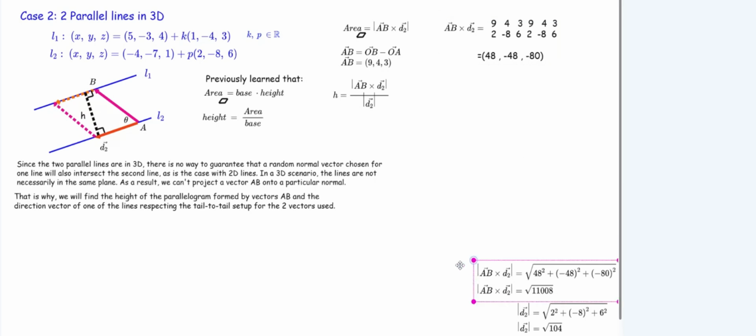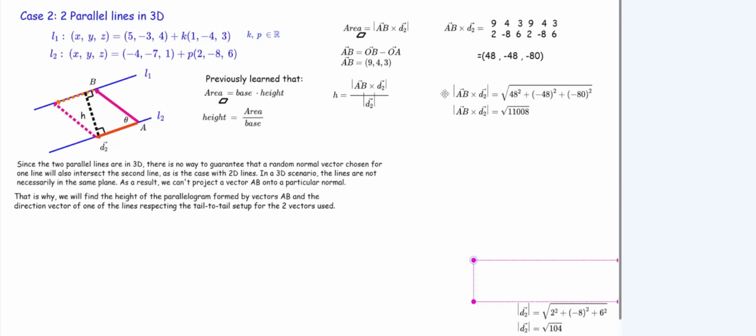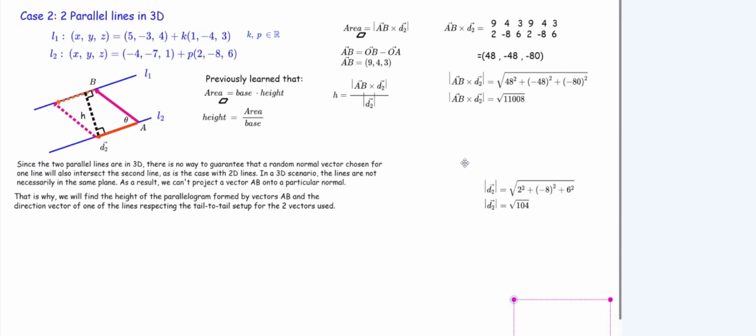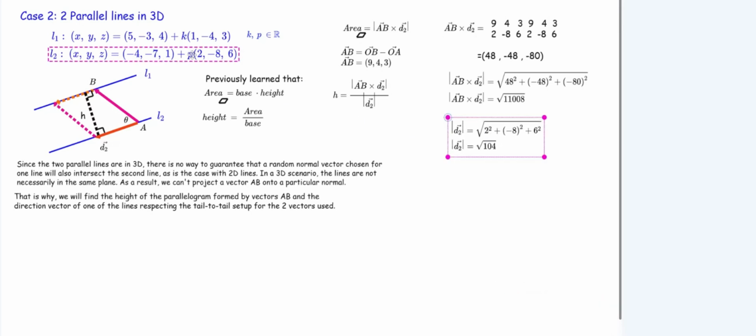And now we're going to determine its magnitude. So the square root of x squared plus y squared plus z squared. And that is the square root of 11,008. Similarly, we need the magnitude of D2, which is the square root of 2 squared, negative 8 squared and 6 squared, and that's the square root of 104.